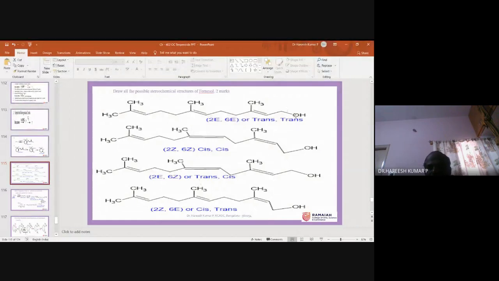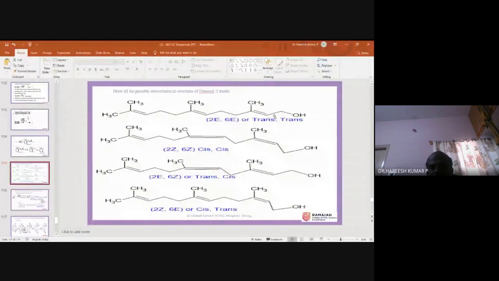The numbering should start with this carbon because this is the functional group. So 1, 2: at the second position there is a double bond, and similarly at the sixth position there is a double bond. This double bond does not exhibit geometrical isomerism, but these two exhibit geometrical isomerism.